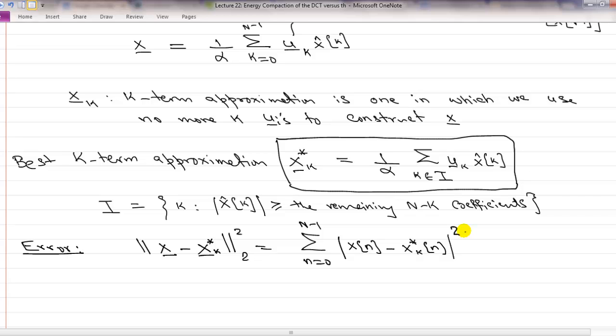And again, as I said, the purpose is that if you can use only a small number of UKs or alternatively x hat k's, then you only have to store a small amount of information. You don't have to store everything. Okay. That's the obvious reason to use it for compression. And of course, you can use it for other purposes, denoising, classification, or other signal processing applications.